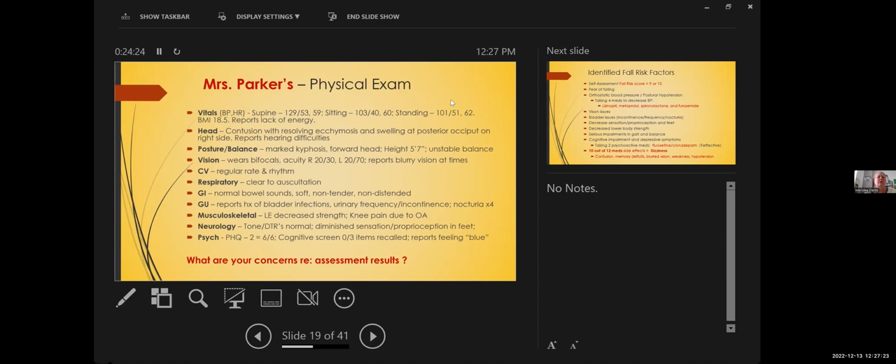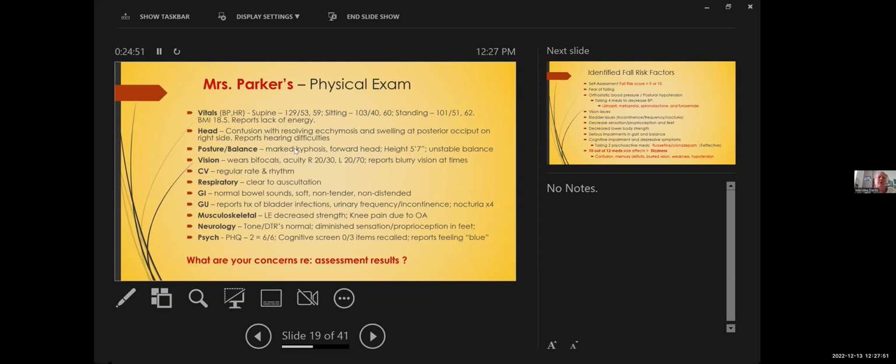The other number is her heart rate, which stays pretty consistent. We noticed that she does have a bruise and swelling in the back of her head from when she hit her head. So we're a little concerned that there's still a resolving contusion. We know she hit her head pretty hard, so we might be concerned about any new changes in her cognition or memory.